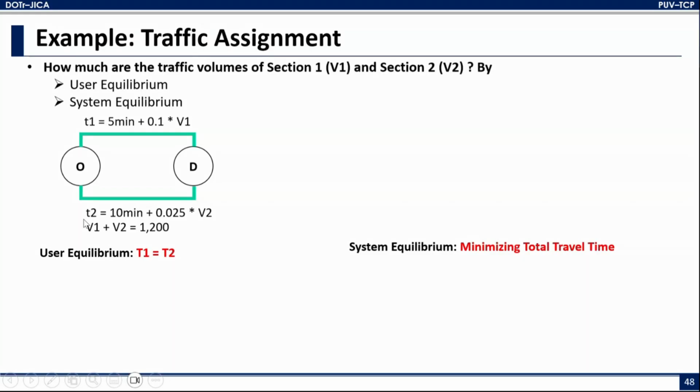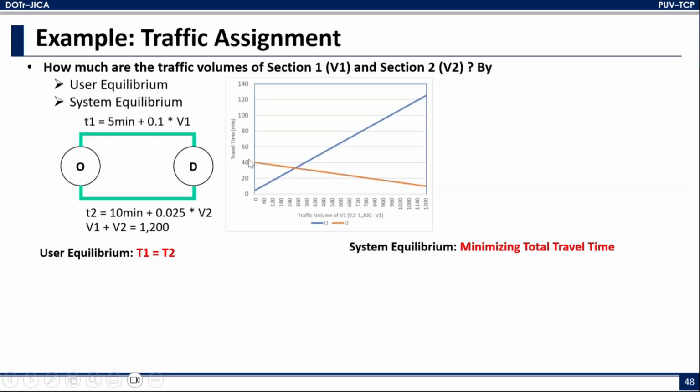And the total traffic V1 plus V2 shall be 1,200. In that case, the travel times T1 and T2 can be formulated like this.